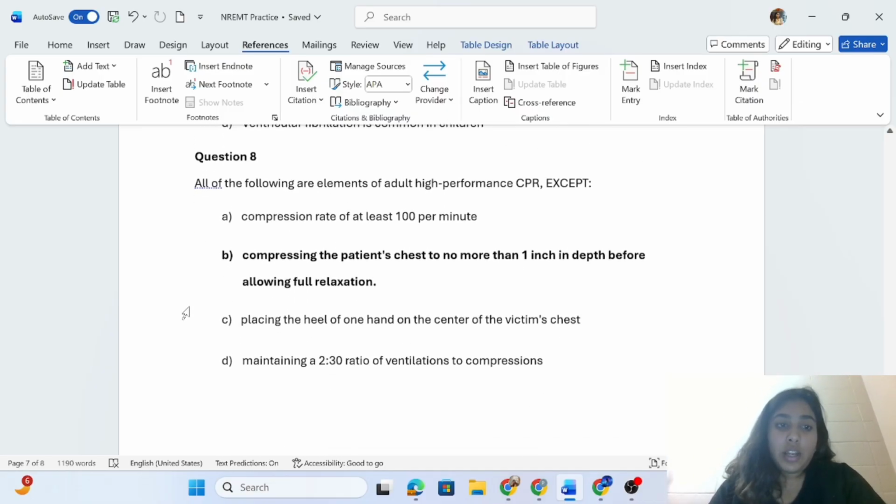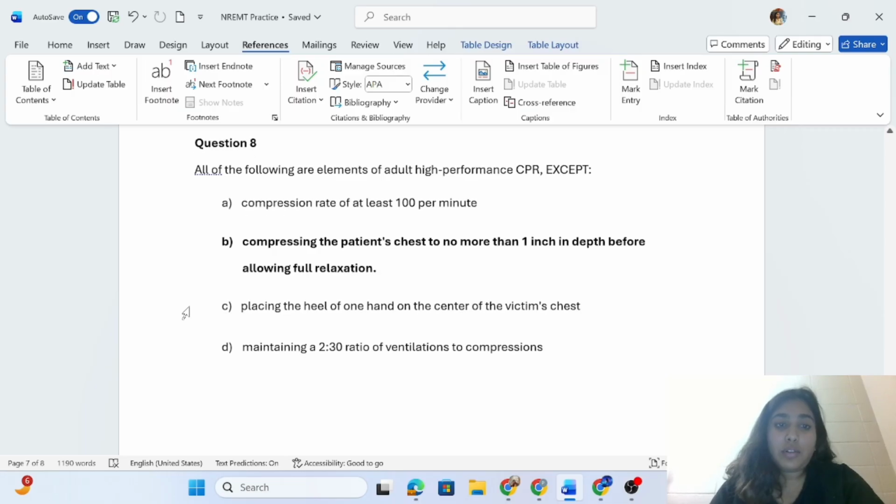Then let's do question 8. All of the following are elements of adult high performance CPR except. So compression rate of at least 100 per minute, that's correct. Placing the heel of one hand on the center of the victim's chest and putting the other on top, that's also correct. Maintaining a 2:30 ratio of ventilations to compressions, that's correct.